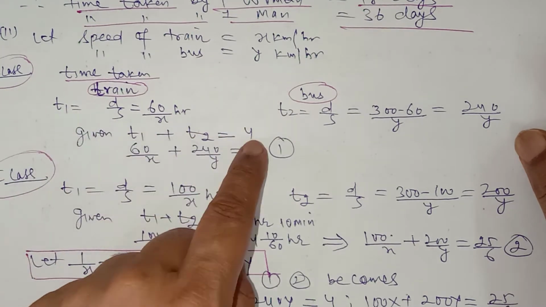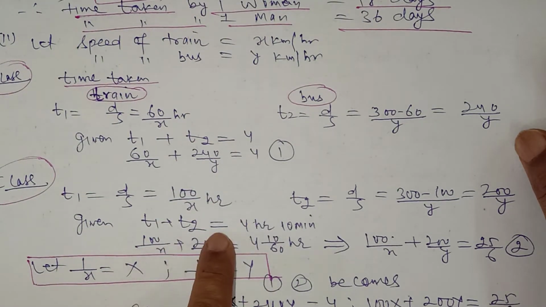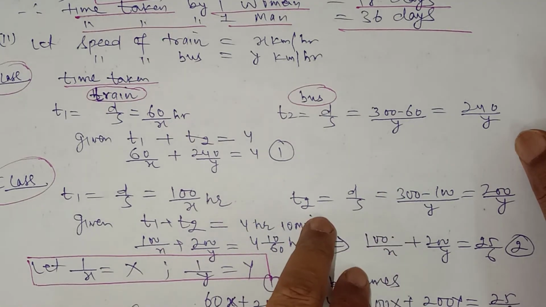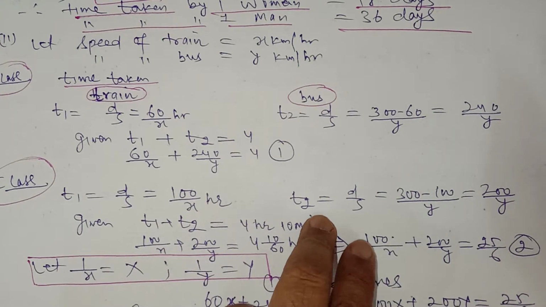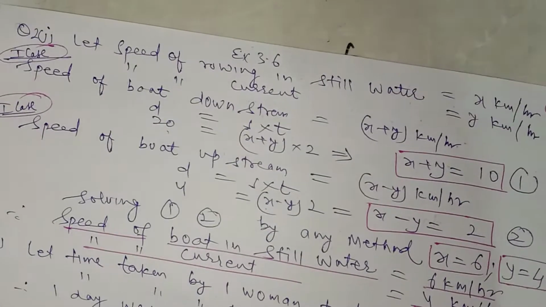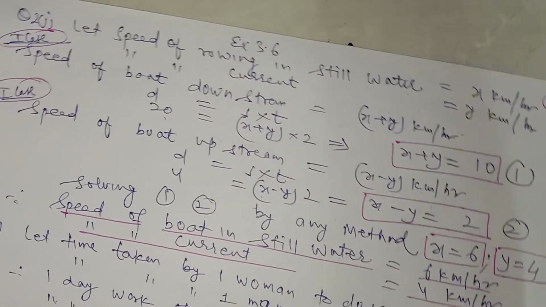The total time is 4 hours in the first case, and the total time in the second case is 4 hours and 10 minutes. Convert 10 upon 60 into hours, and you know how to solve this. Let 1 upon x be capital X and 1 upon y be capital Y. So this is question number 2 of this exercise.